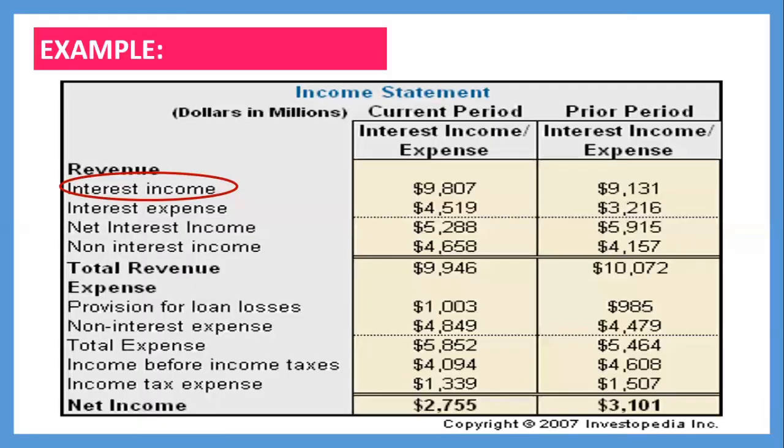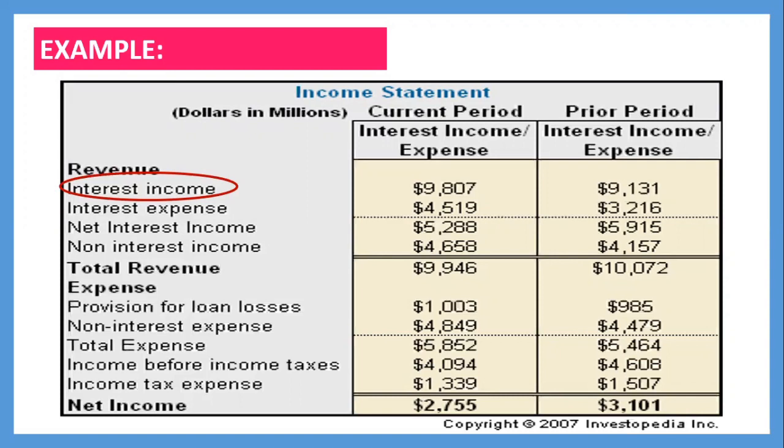Under your revenue, the first account name or title that appears on your income statement is interest income, because, like I said earlier, these are companies that earn interest: banking institutions like banks, cooperatives, and any other financial institutions.